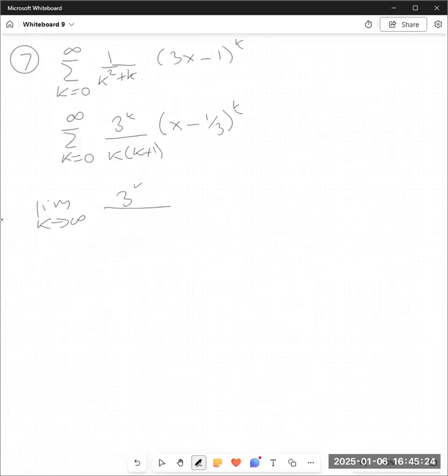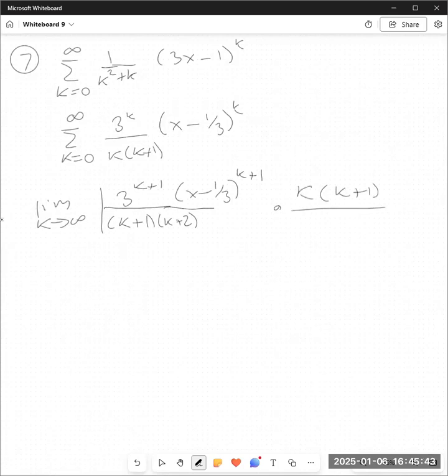It's going to be 3 to the k plus 1, k plus 1, k plus 2, x minus 1/3 to the k plus 1. Reciprocal here, k plus 1, 3 to the k, x minus 1/3 to the k, less than 1.